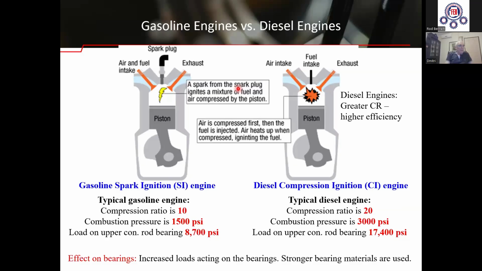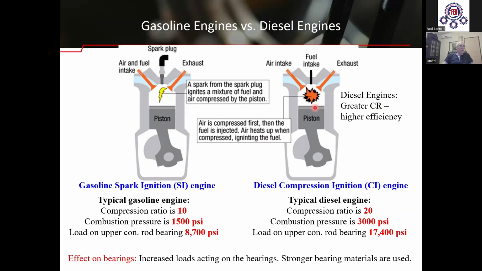Now let's compare the bearing conditions in two types of engines, a petrol engine and a diesel engine. In contrast to the petrol engine, which is spark ignited, the fuel-air mixture in a diesel engine is compression ignited.